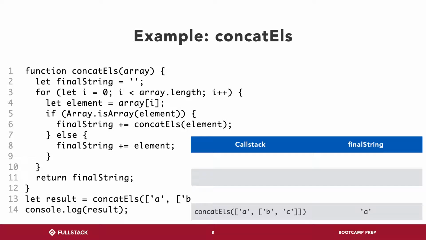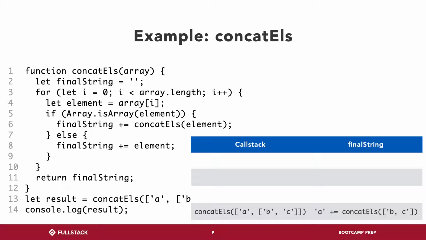We found that. But now, when we get to the next thing, the next thing is this array of B and C. So in this for loop, this if condition is satisfied. Array.isArray of element is true. An array of B and C is an array.